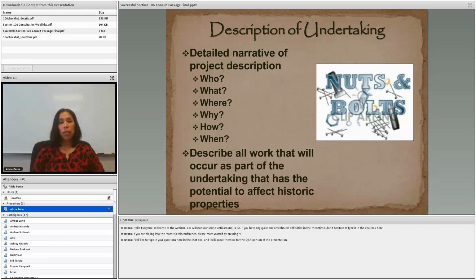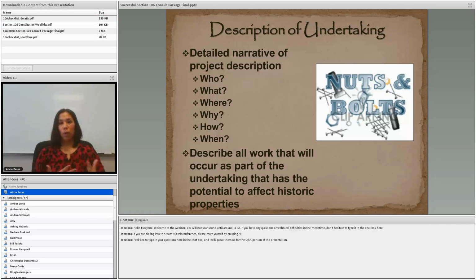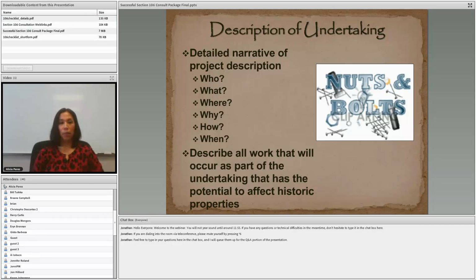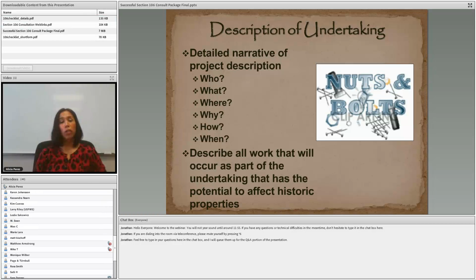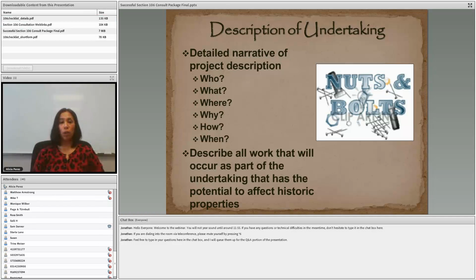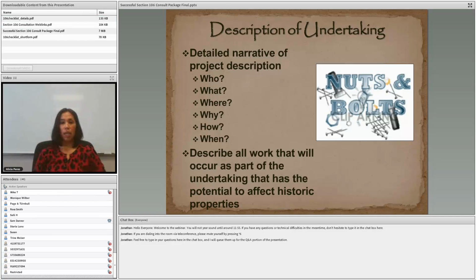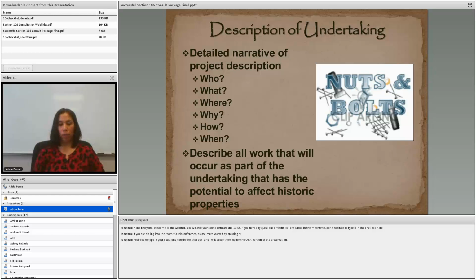Is it funding? And when? It's definitely beneficial for you to include project deadlines that you would like to meet. This always helps us to know kind of how we should consult in a timely manner. So basically you're describing all work that will occur as part of the undertaking that has the potential to affect historic properties.